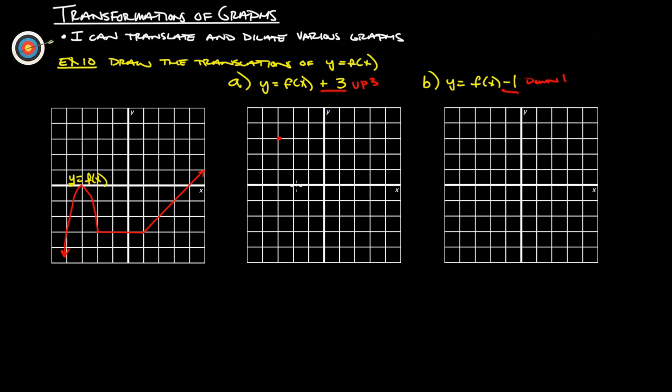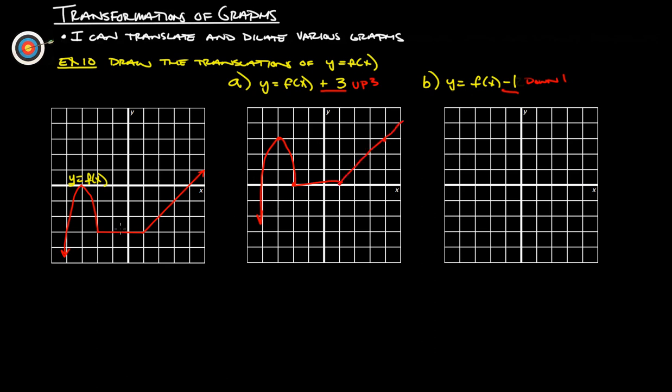So 2 to the left, we go down 3, but then we got to go back up. So it's right there. And that goes straight over to here. And then this point right here is over 4 at 0. So we're going to go over 4, but now we've translated up 3, so it's going to look like that. So basically, roughly, this graph is going to look like this.